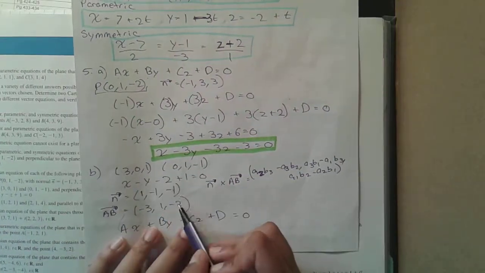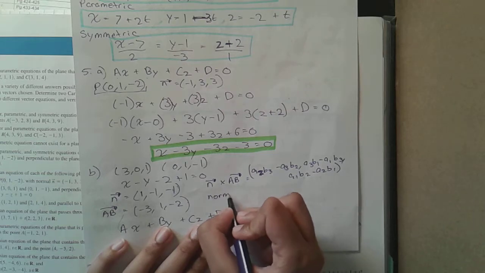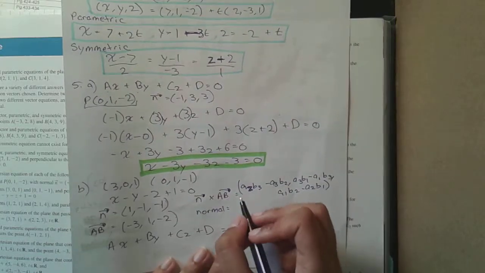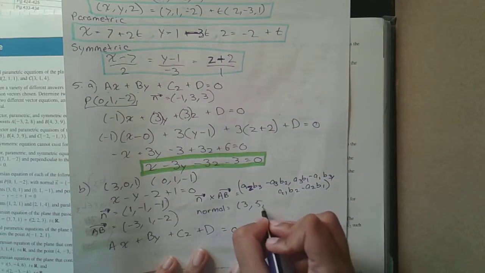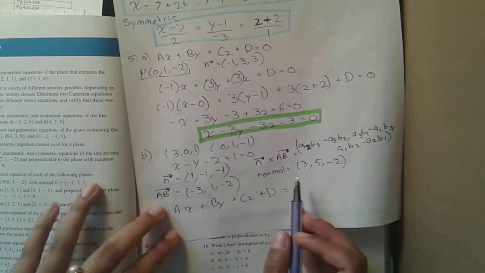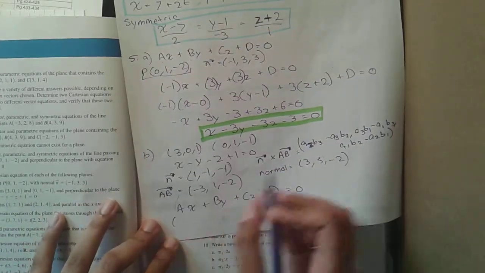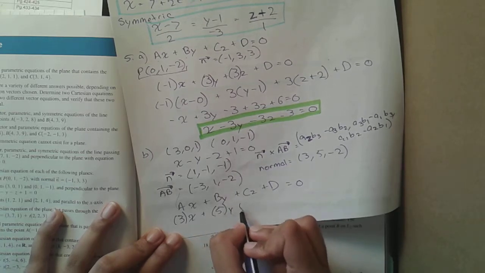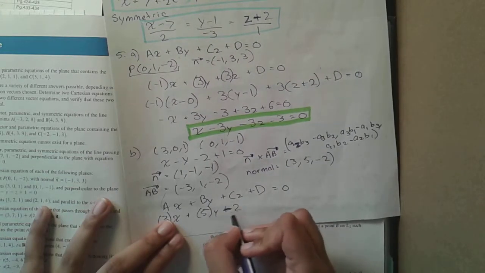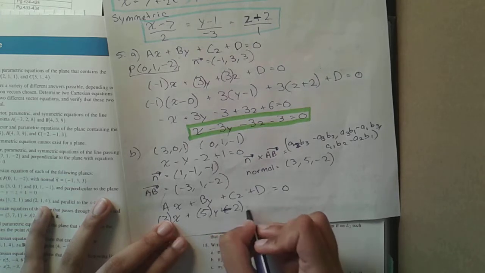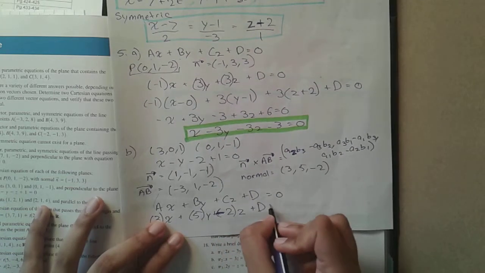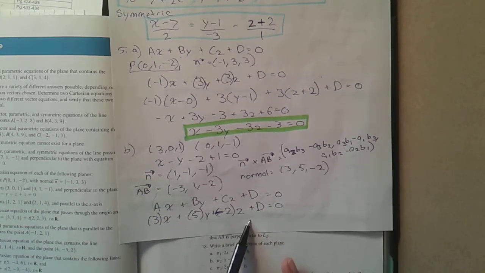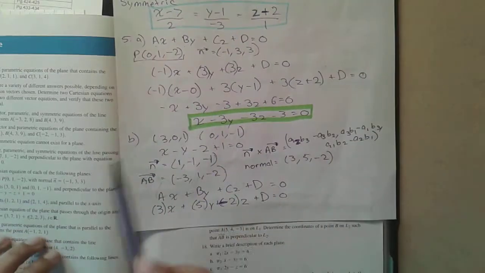So when we cross multiply these two, we get the normal, and that's the thing we plug into ABC, and the normal would be 3, 5, -2. So now we substitute: 3x plus 5y minus 2z plus d equals 0. And we substitute x, y, and z with a coordinate given.